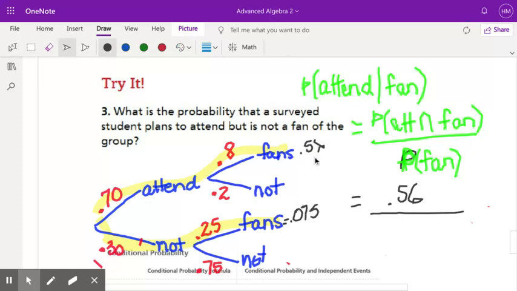So the probability that they're a fan, I just add those two together. So the denominator is going to be 0.56 plus 0.075. So then when I do all of this, 0.56 divided by 0.56 plus 0.075, I get 0.88.